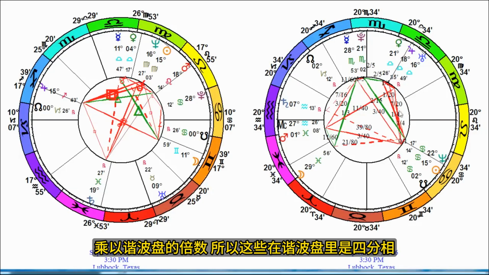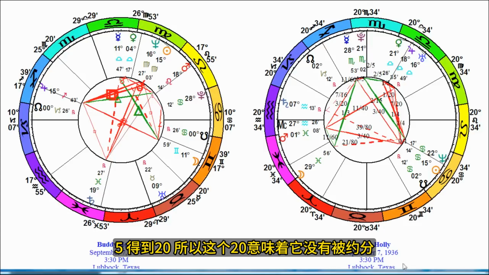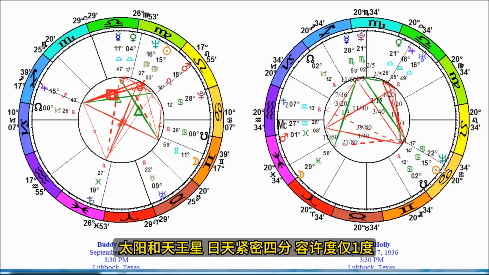These are square aspects in the harmonic chart, which means 1/4, so you multiply 4 times the harmonic, which is 5, which is 20. So the 20 means it did not reduce. And for example, let's take, what's a good example here?